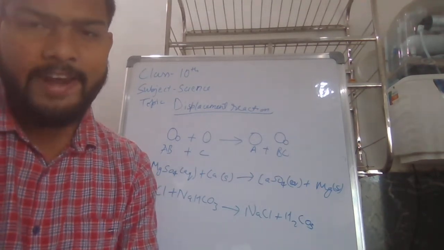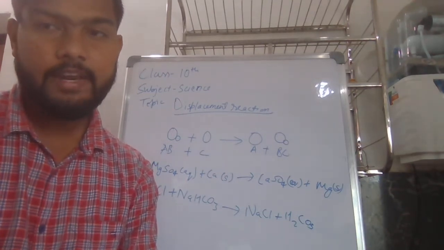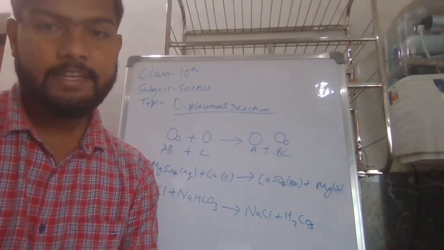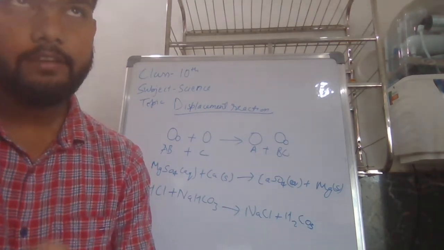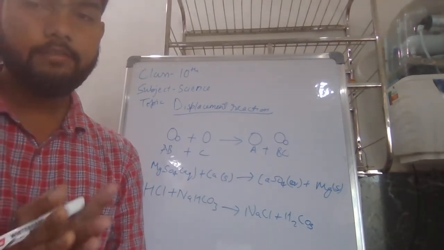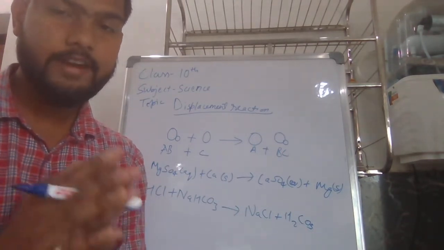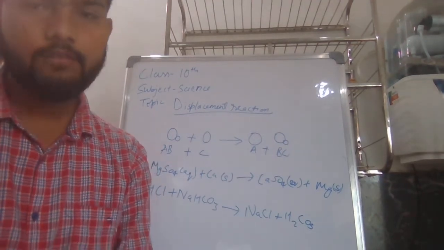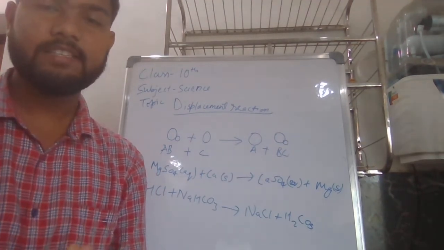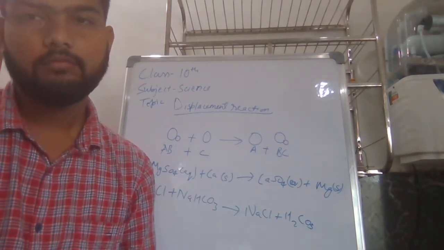Now tell me, why does the color of copper sulfate solution change when an iron nail is dipped in it? Okay, very good. So here we come to know the concept of single displacement reaction. Tell me the definition of single displacement reaction in your own words.